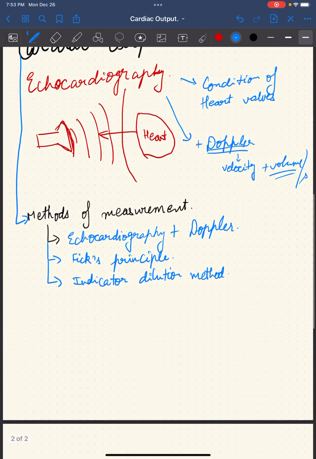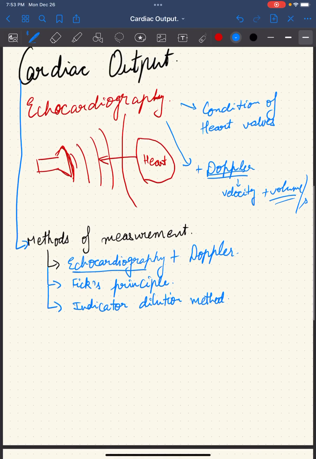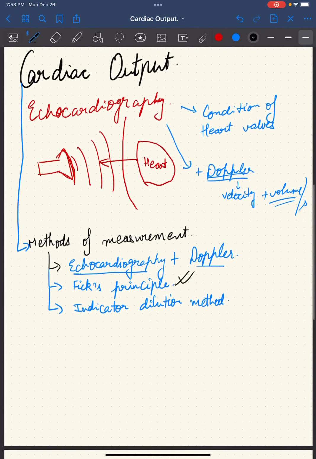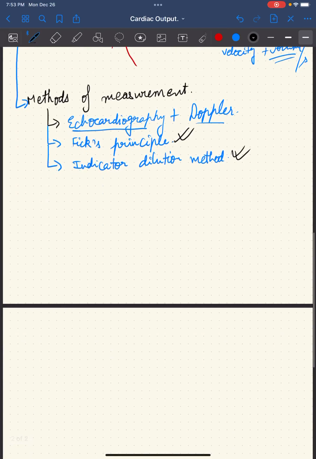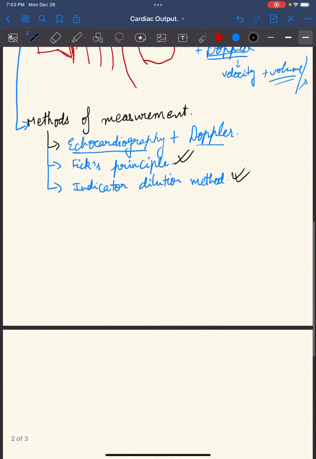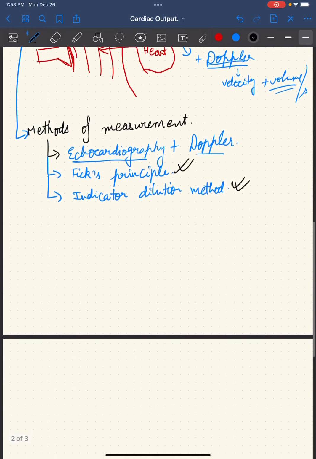I think we are clear with echocardiography plus Doppler. We are going to study these two things in detail. Okay, so let's proceed. First, I would like to show you the indicator dilution method.